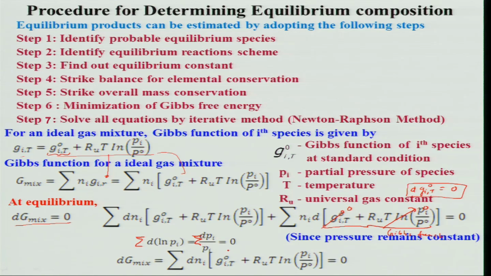Keep in mind that these values I will get from the JANAF table. In my book Fundamentals of Combustion, this data is given on the back side, and of course the partial pressure and the total pressure, from which we will get the mole fraction, that we will discuss in the next slide.